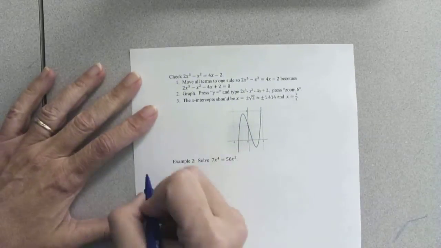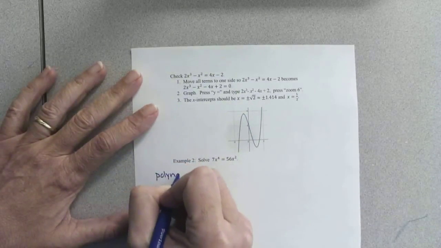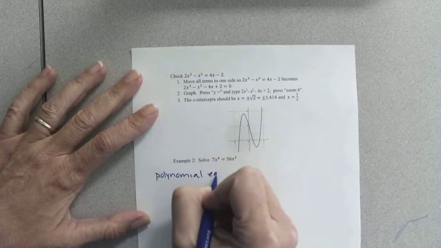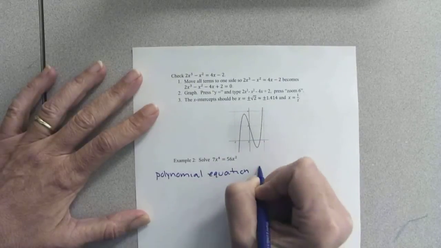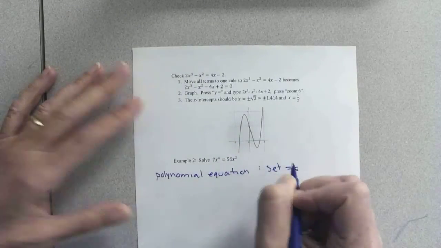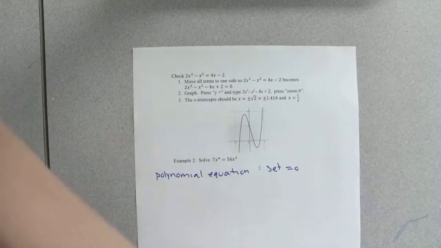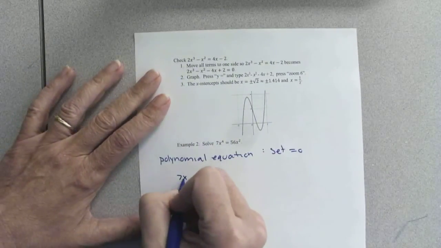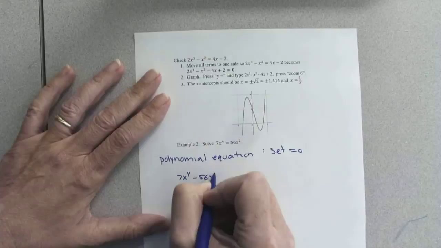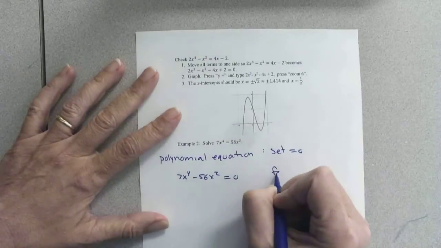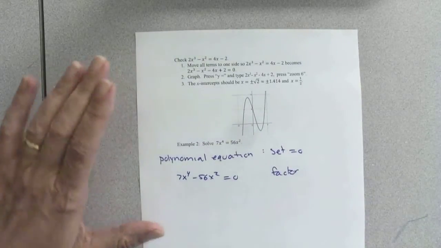Again, it's a polynomial equation. So my first step is to set it equal to 0. So 7x to the 4th minus 56x squared equals 0. And then we factor.